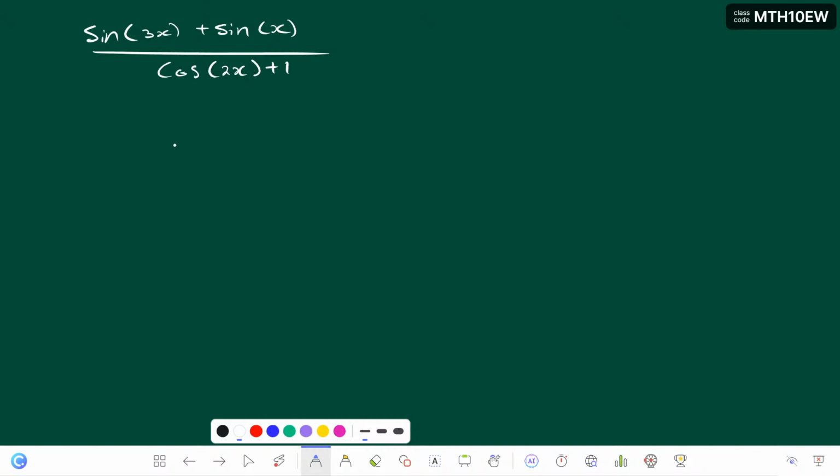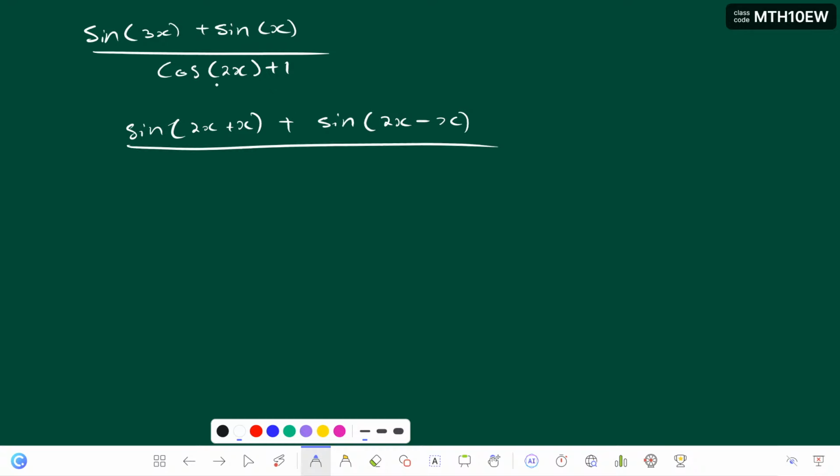So, okay, first thing, I can simplify this by saying sine 3x, no, sorry, sine 2x plus x plus sine 2x minus x, because it's the same thing. Divide by what? This one I know is the same thing as 2 cos squared x minus 1 plus 1.